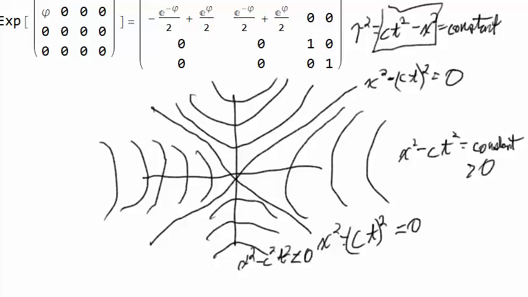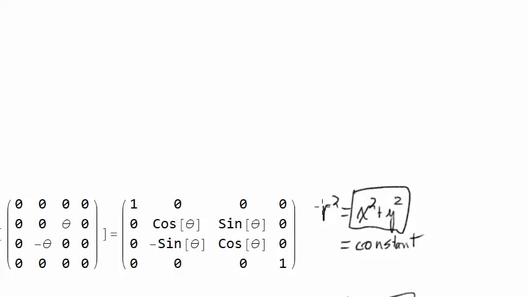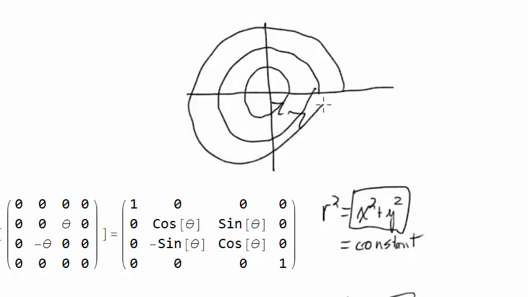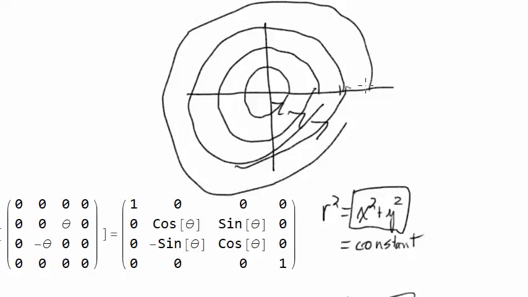So in the rotation transformation up here, which preserves r squared, I'm not going to draw any asymptotes. What I'm going to do is draw circles. These are the regions that preserve x squared plus y squared. So here's the thing. When you do this rotation transformation, is there anybody in the world that thinks that that line is going to stay in the same place?